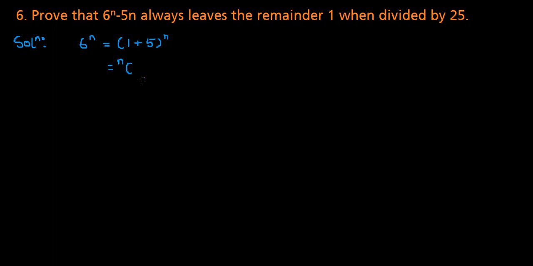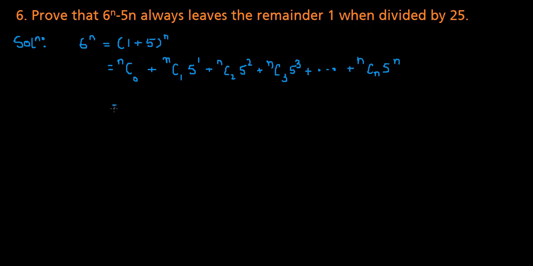So the first term is always nc0. Then we have nc1 5 raised to the power of 1, plus nc2 5 squared, plus nc3 5 cubed, plus the final term ncn 5 raised to the power of n.